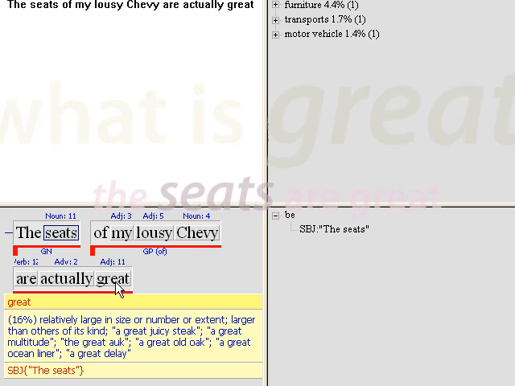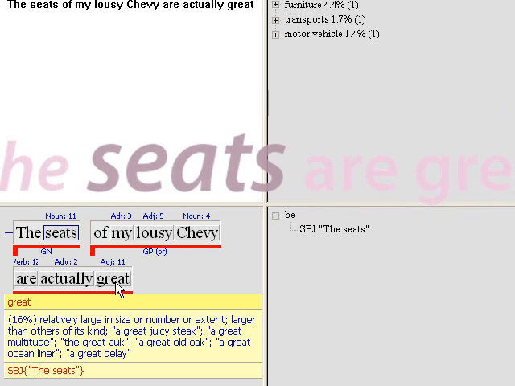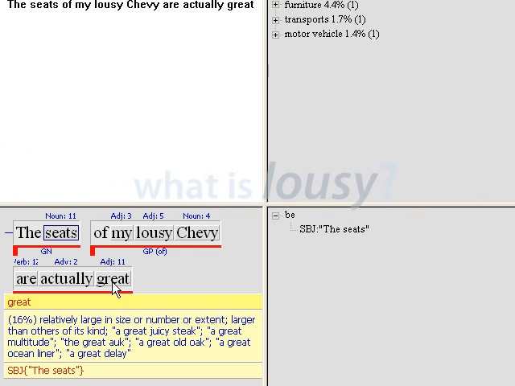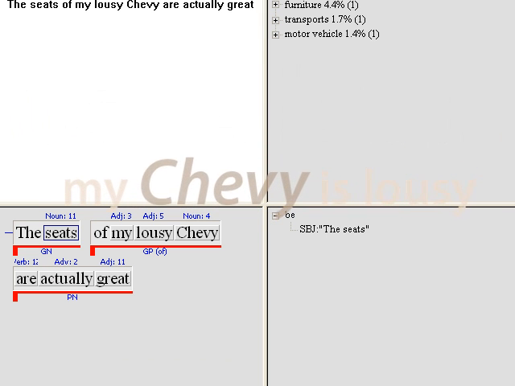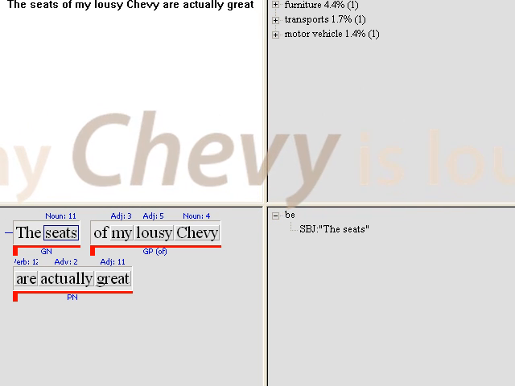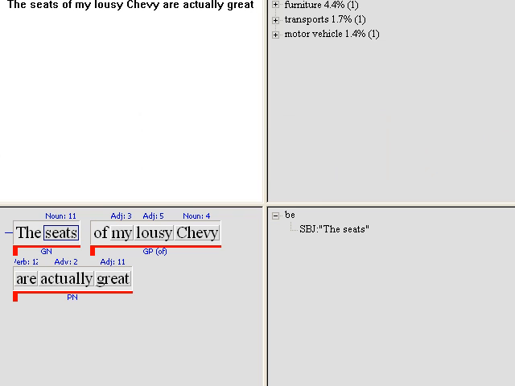So from the analysis of this sentence, the system understands that what is actually great are the seats, and what is lousy is my Chevy. So the first feature of Cogito semantic technology is the understanding of the relationships between the different concepts within a sentence.